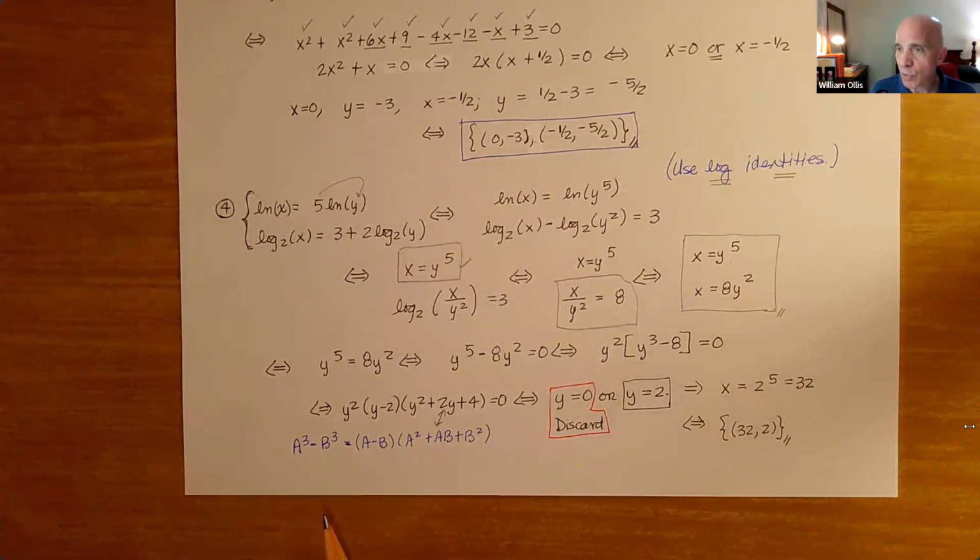And then, of course, when we're dealing with bases for logarithms or exponentials, that again gives us the restriction of positive real numbers other than 1. So we often have to be a little bit more vigilant about the values that we get for our variables to make sure that they make mathematical sense in the original system of equations.